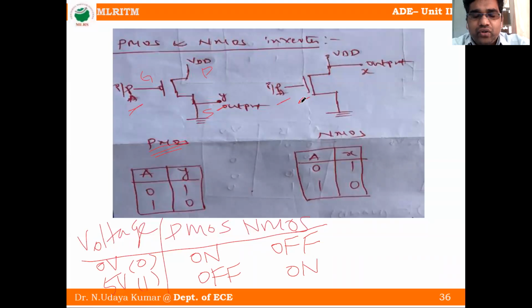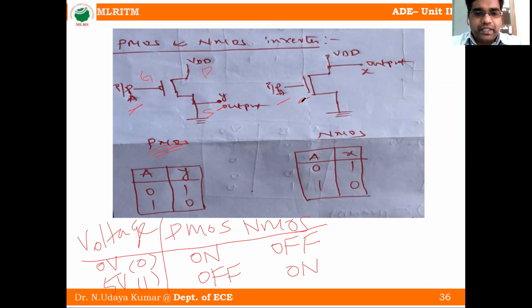Whenever low is given to PMOS, it is on. Whenever high is given to PMOS, it is off. Understood? Based on this logic, we will see the remaining gate structures.